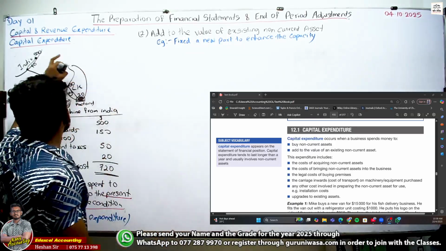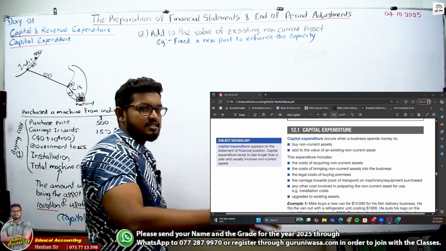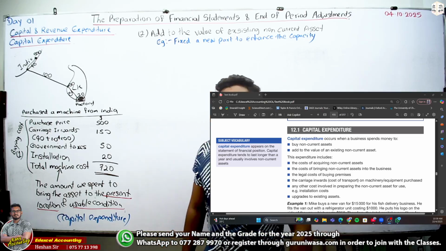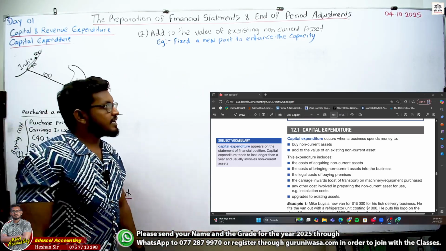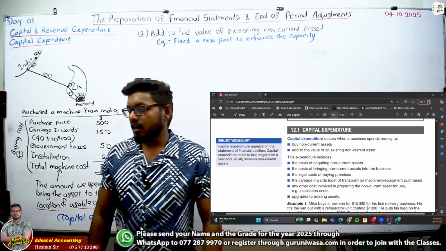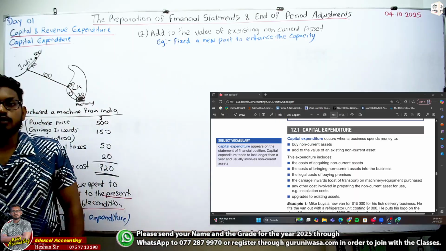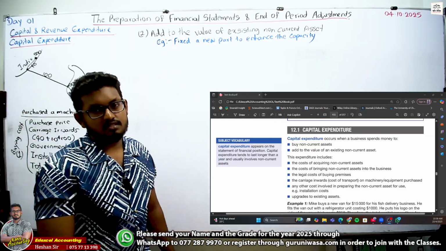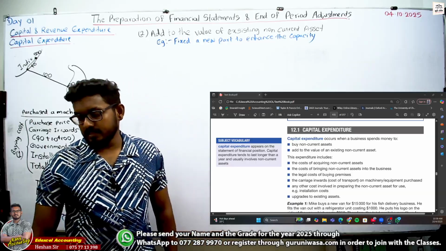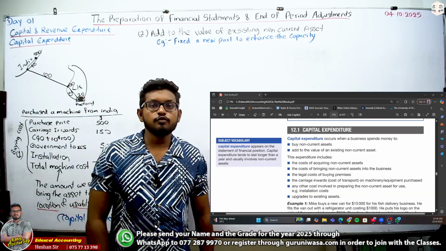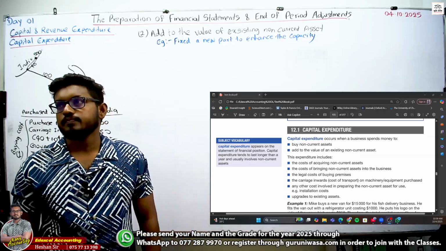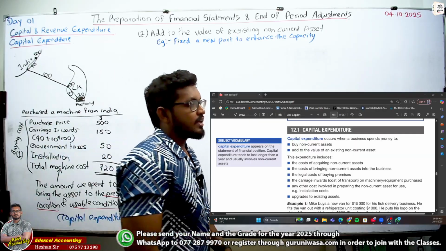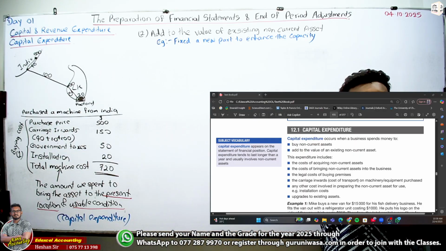Revenue expenses are day-to-day things. Capital means if we upgrade the asset, for example in a car we fix four new wheels, our value will increase. So those kinds of things we consider as capital expenditure.